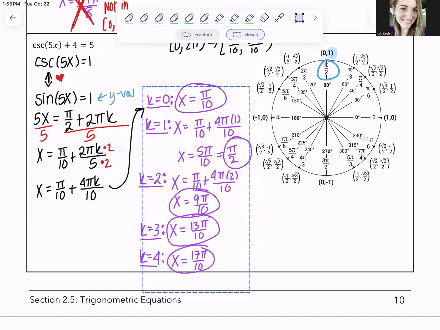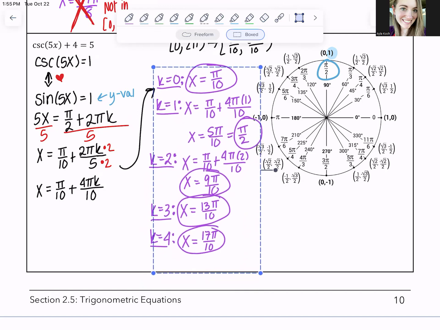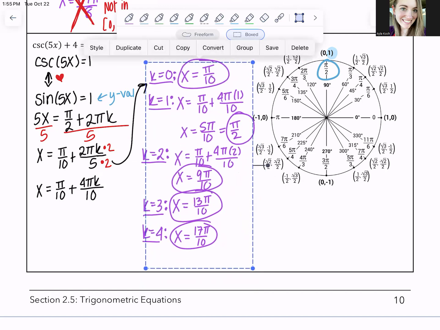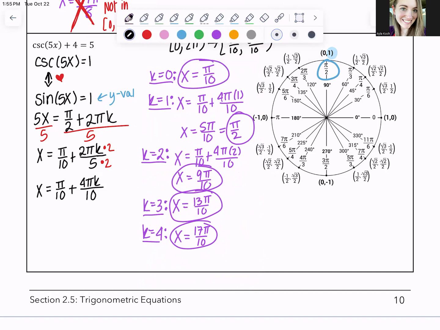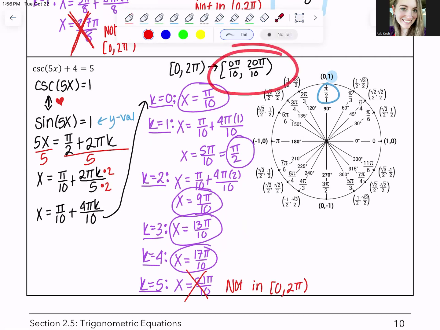I'm just going to move this whole thing. Everybody moves up. When you go to do k equals 5, you have x equals 17 plus 4 is 21 pi over 10, and that is not in 0 to 2 pi, which we again said was 0 pi over 10 to 20 pi over 10. So that number is too big.